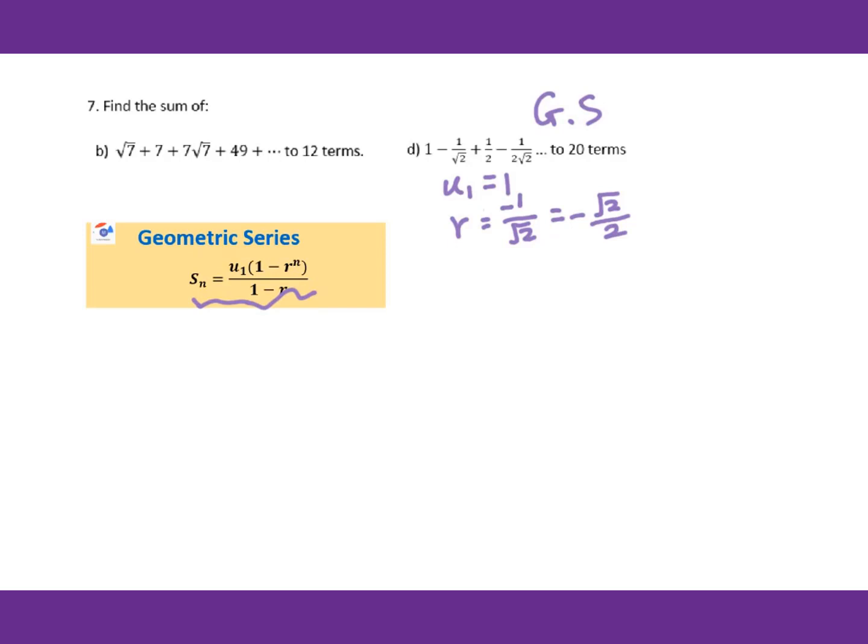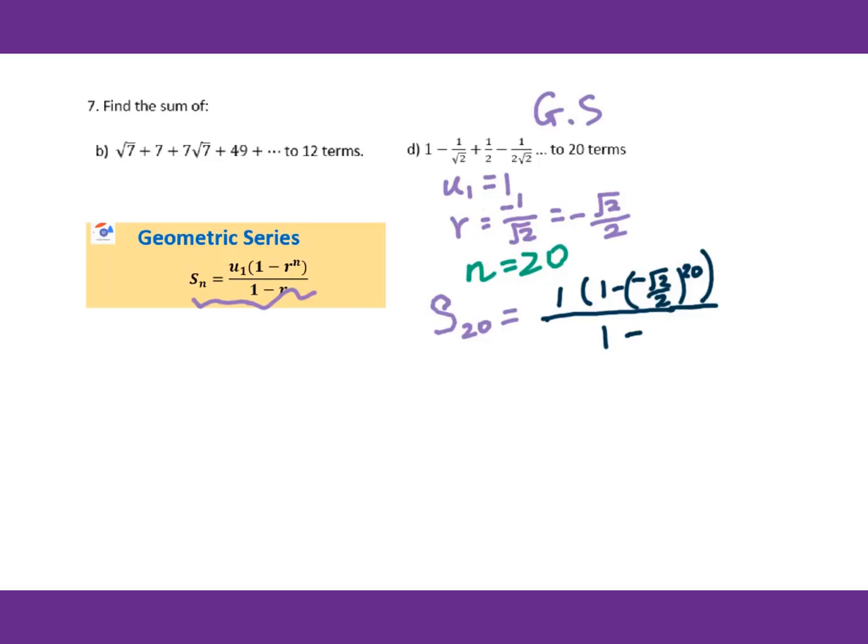Then for n equals 20, we got S sub 20 equals U sub 1, that's 1, times 1 minus negative square root of 2 over 2 to the 20th power, then over 1 minus negative square root of 2 over 2. After you put this into a graphing calculator, you will get 0.585.